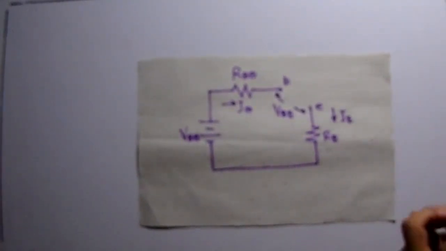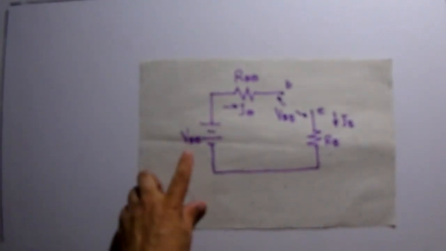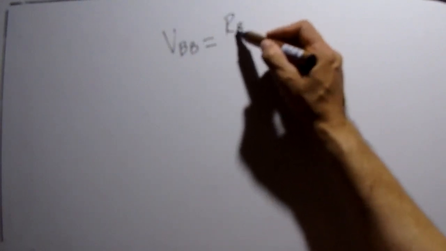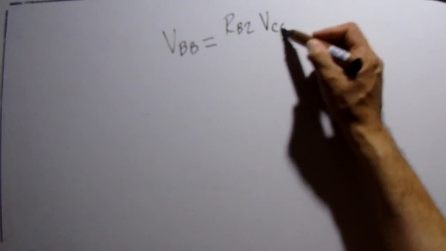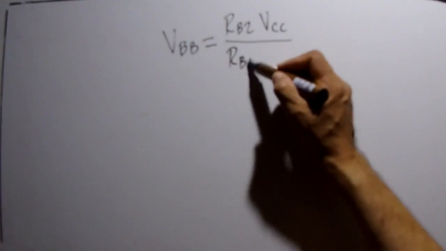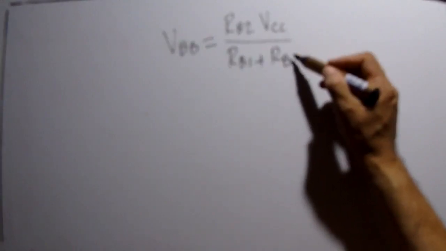So, to find VBB, which is our Thevenin's voltage at the base, we are going to use the equation VBB equals RB2 times VCC divided by RB1 plus RB2.